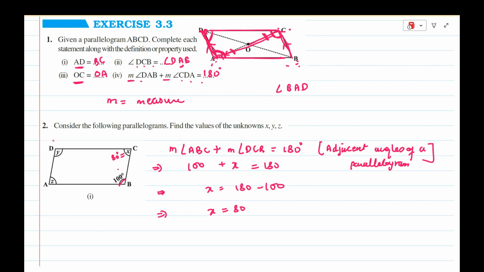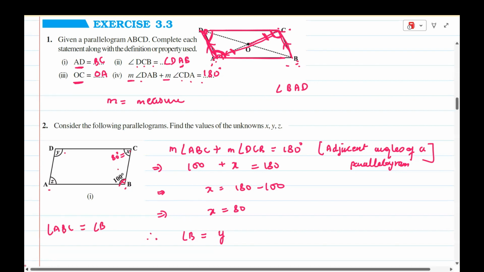Now to calculate y, I know the next property of a parallelogram that opposite angles of a parallelogram are equal. So angle B is equal to angle Y, the opposite angle. See, you can write the detail like ABC is the same here, angle B. So you can write it unless there is some partition in between.